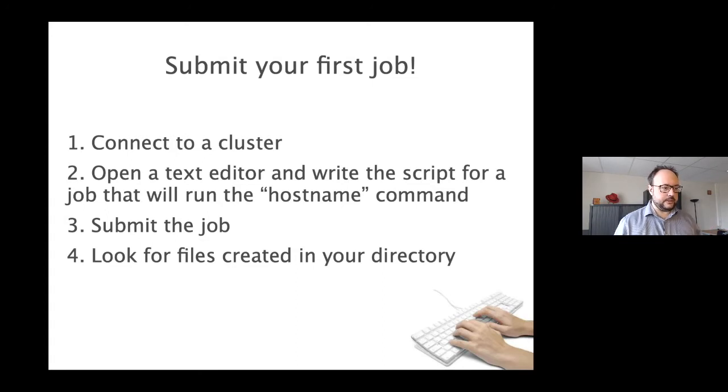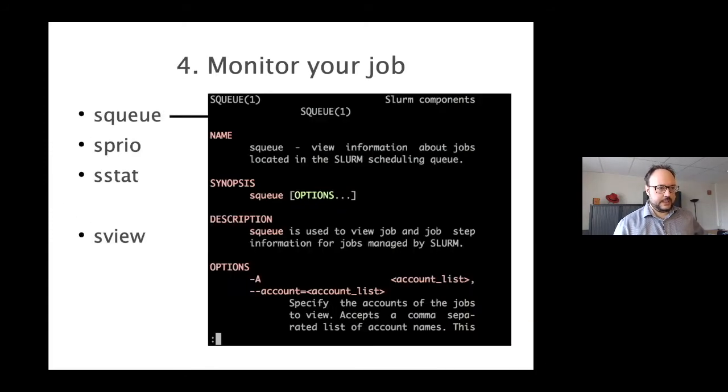And the queue is the set of all the jobs which are waiting to be scheduled. And to see the contents of the queue, the command that Slurm offers is named squeue. So squeue allows you to view information about jobs that are running or pending.